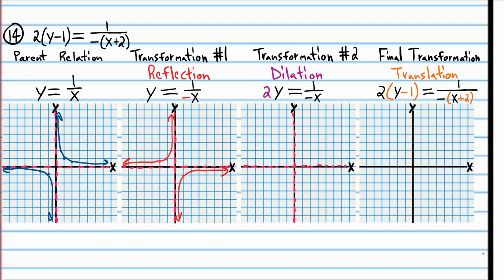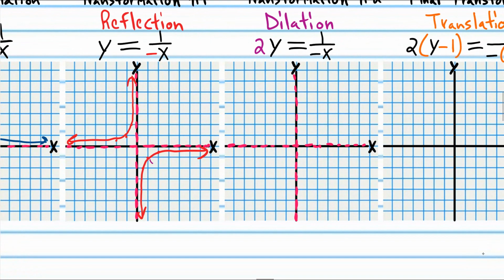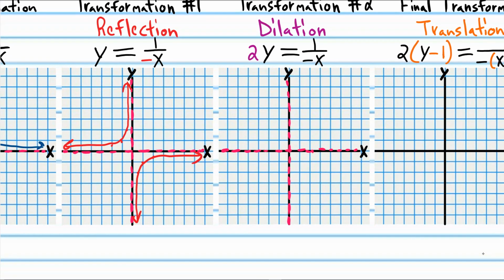And all of our points, this point here is 1, negative 1, so it's going to become 1, negative 1/2. And this point is going to become 1, negative 1/4. And this point is going to become 1/2, 1. This point is negative 1, 1, so it's going to become negative 1, 1/2.